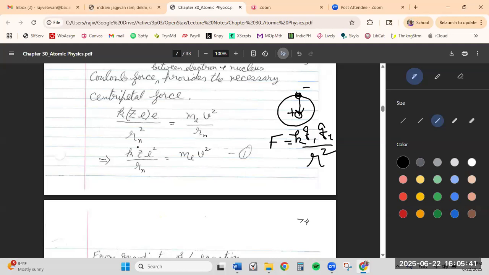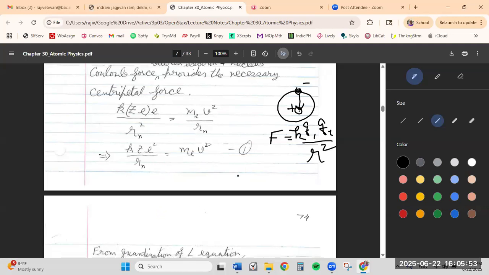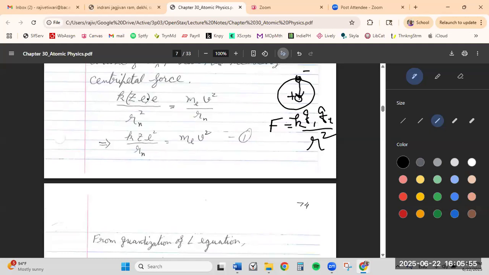And rn is the radius of the orbit. So basically all this boils down to this equation. And then if you simplify it, multiply the two e's, you get k Z e squared over rn equals me v squared. Now you can cancel this rn with one of the powers of rn here.